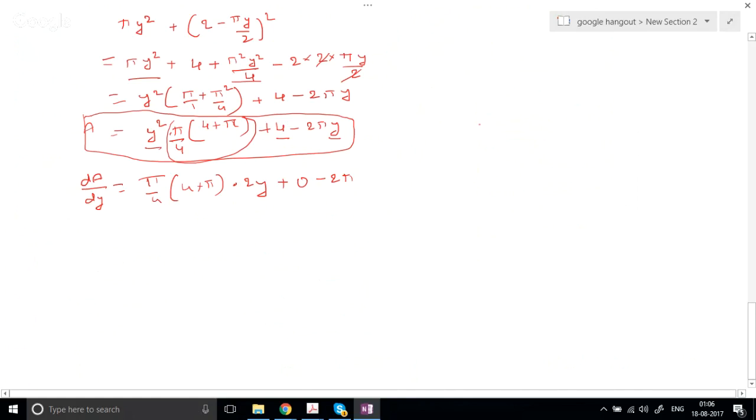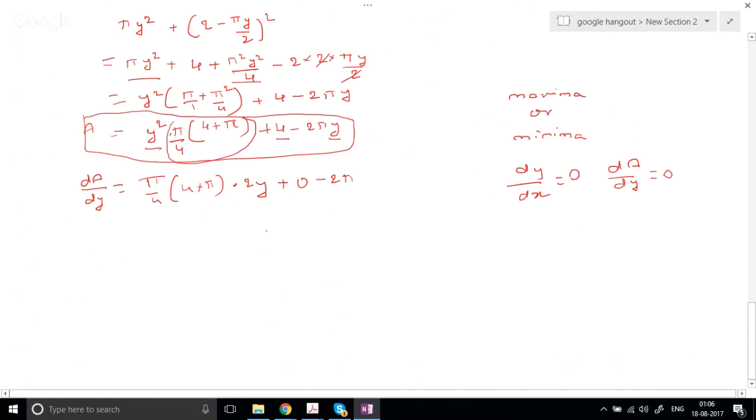Now whenever there is a question of maxima or minima, equate dy by dx, or the derivative, to 0, so that you get a maximum or a minimum point. So let us see whether we get a maximum point or a minimum point.